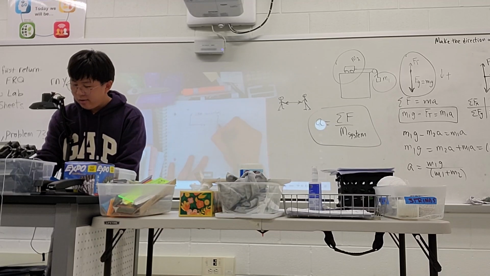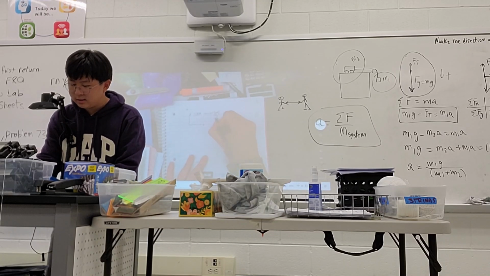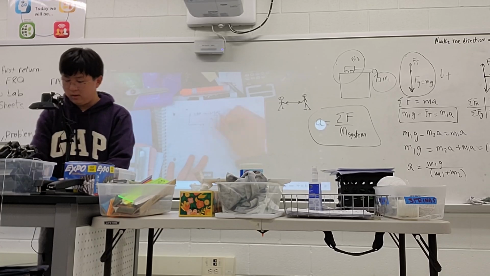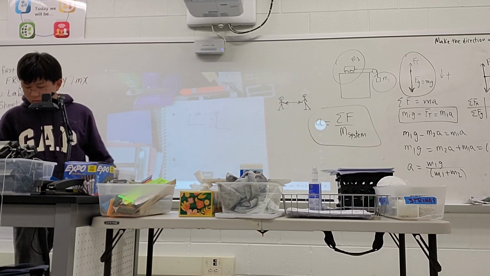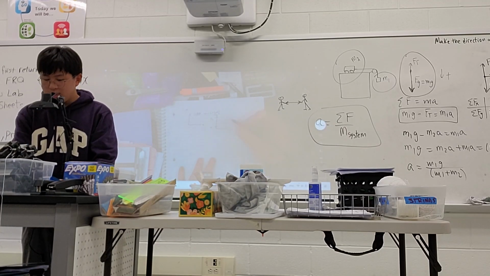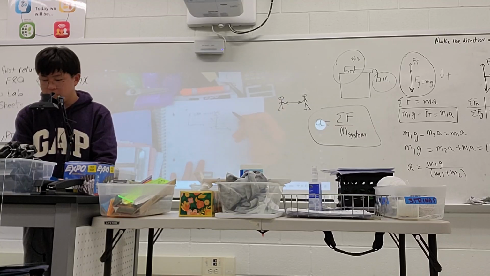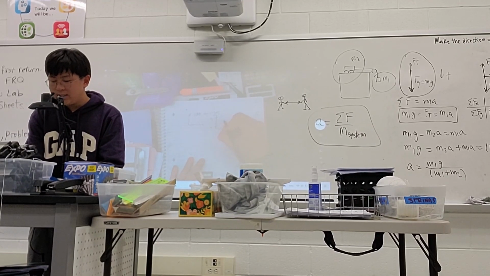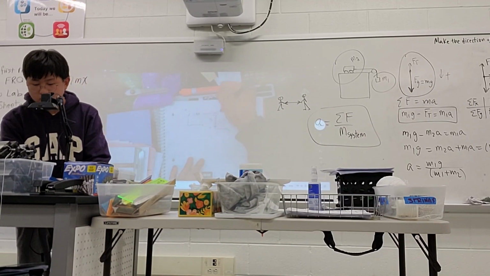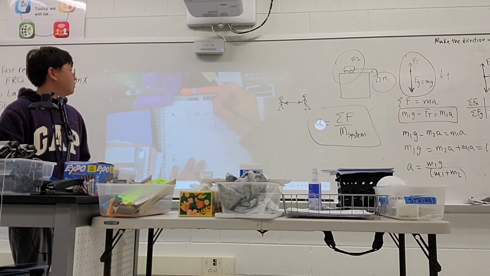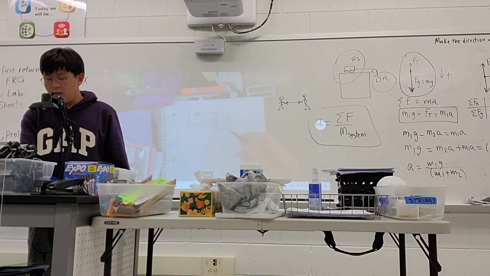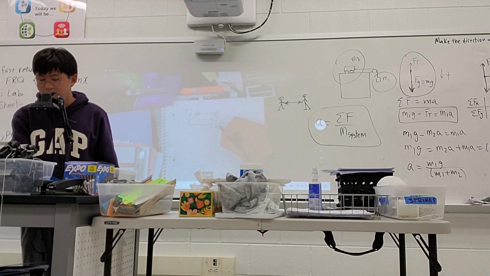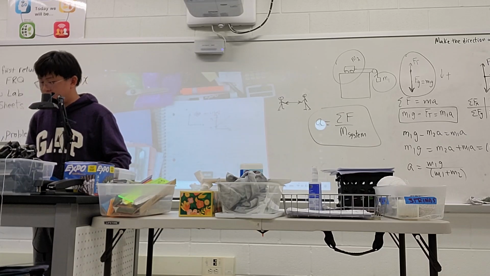Let's say this is velocity initial, and this is velocity final. So what is velocity over time? That's acceleration, right? So if the acceleration is constant, because kinematics assumes that the acceleration remains constant.